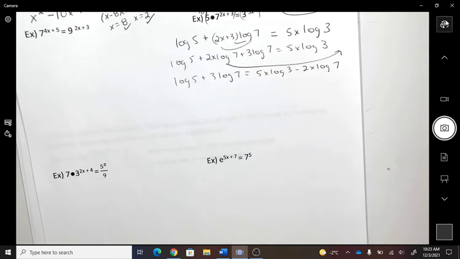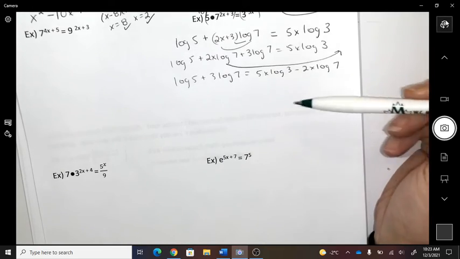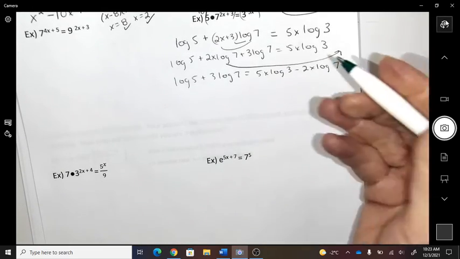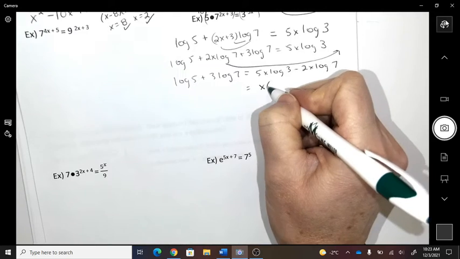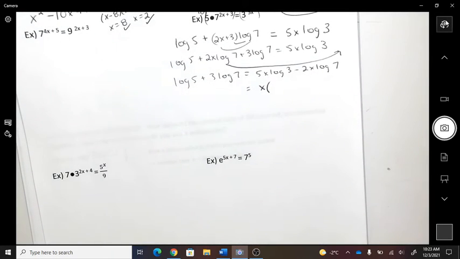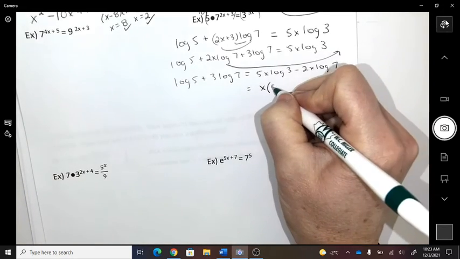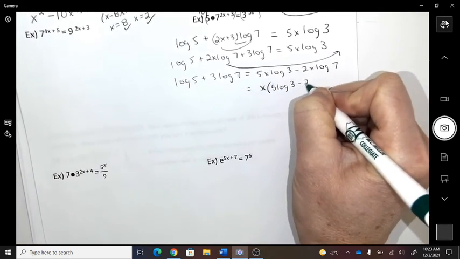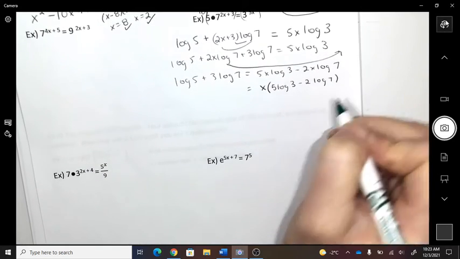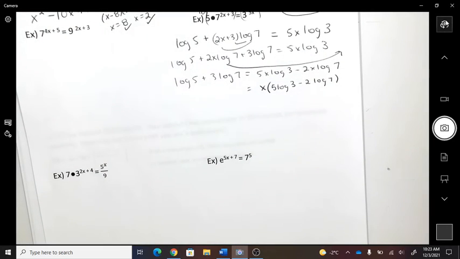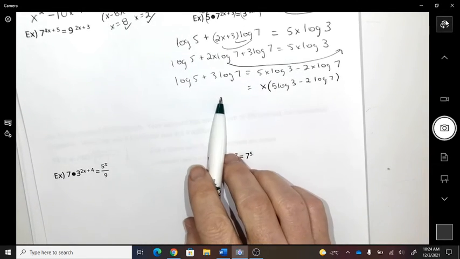Okay, now because I have all the x stuff on one side, I'm actually going to GCF an x out. So pull an x out of all the terms.